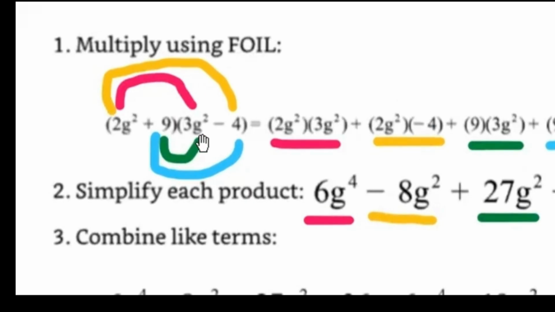And you always want to make sure that you're paying attention to the signs, okay? Know that when you're multiplying polynomials, you're always going to be adding the products. The reason is that multiplication is really additive, right? 2 times 3 is a good example. 2 times 3 is 6.